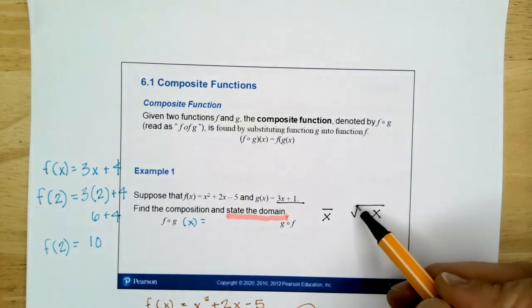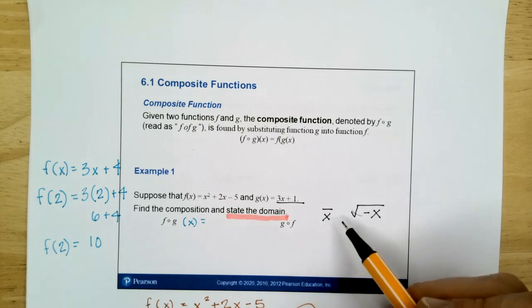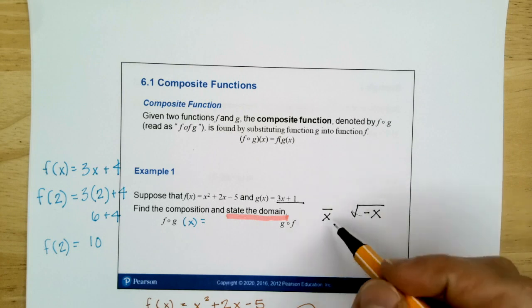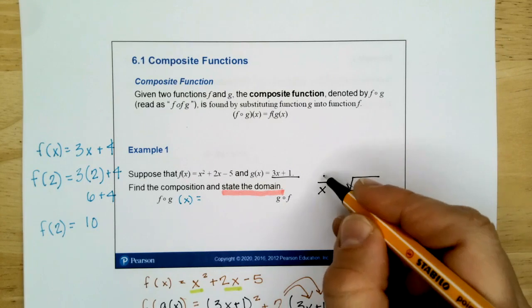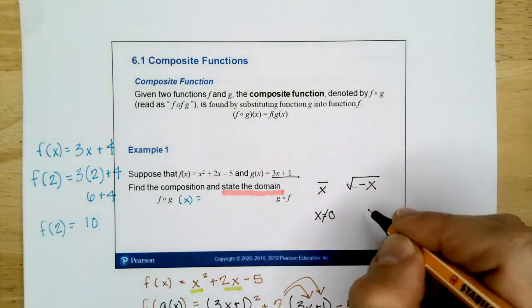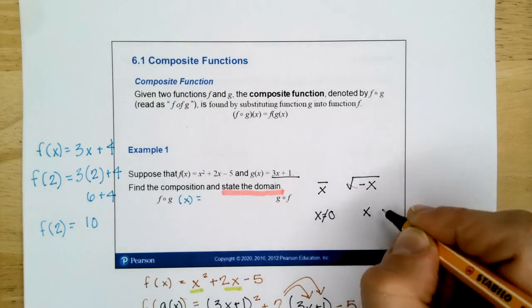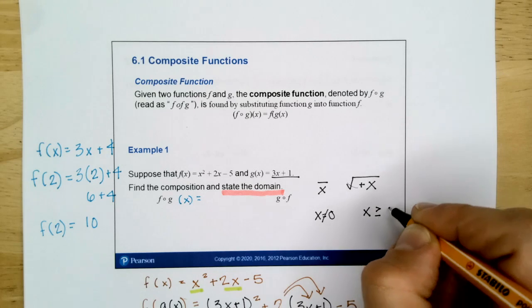So if x is under an even radical, or if x is in the denominator of a fraction, we need to exclude those values from the domain that would make that into 0. So in this case, x cannot be 0, and in this case, x has to be greater than or equal to 0.